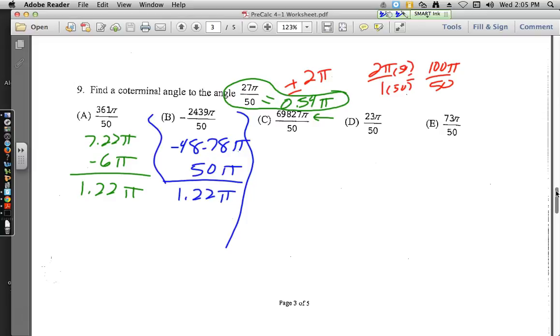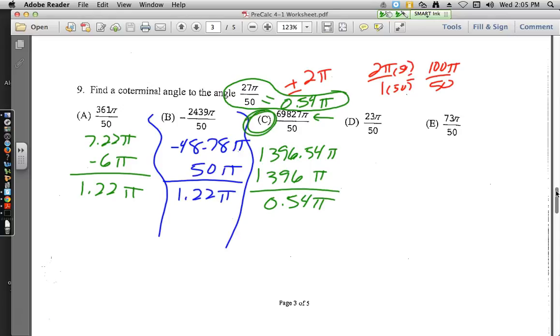We were trying to be coterminal with 27 pi over 50. So then our C, we put that into a decimal, 1396.54 pi, and we realized that we would take 1396 pi because that would be even, a multiple of 2, and that would give us 0.54 pi. And that is our answer.